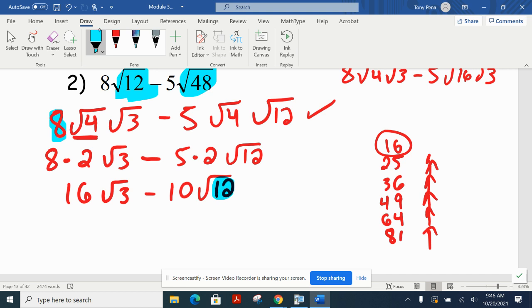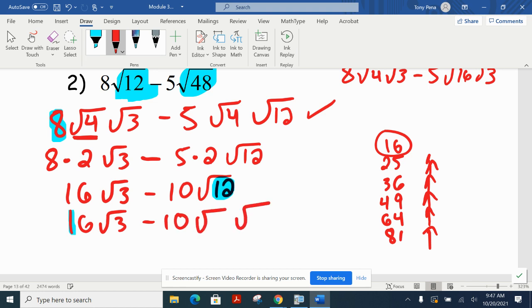Weren't we able to break down 12 earlier in this exact same problem? So if you encounter that, that means we need to do a little bit more work with this. We need to make sure that we're simplifying that all the way. So what we would now need to do with the 12 is just like we did up here. Didn't we take 12 and do a 4 times a 3? So we would have to do that again for this 12.